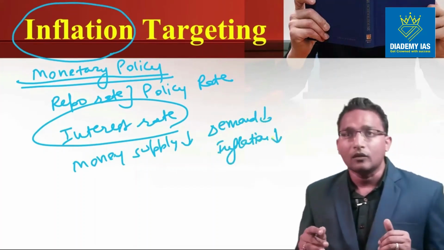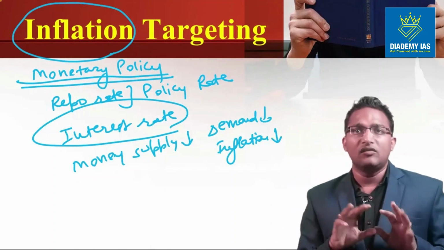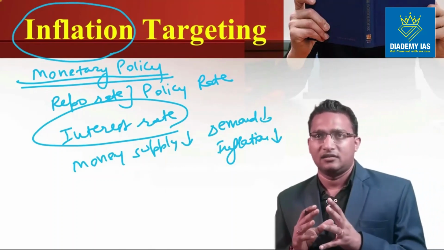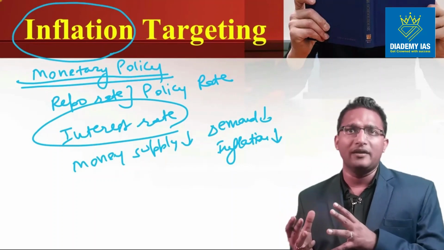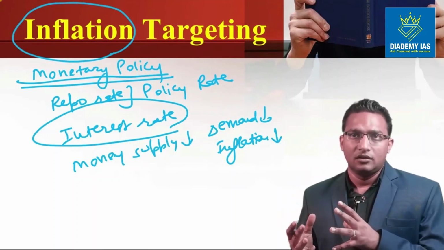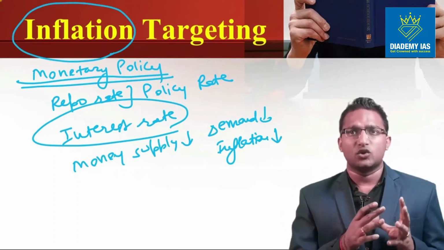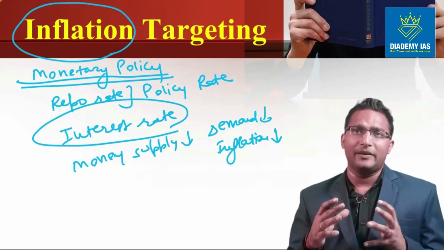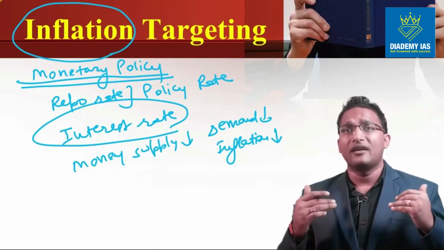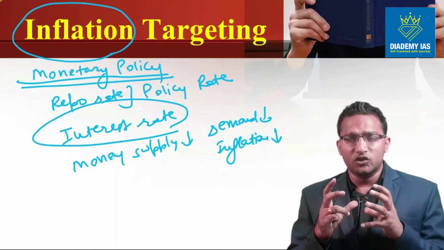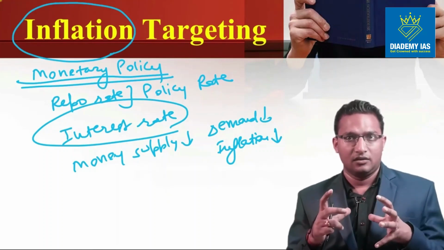Now, previously there was no target for how much the appropriate inflation should be. The Urjit Patel committee was constituted, and it came up with one recommendation: that in India we should have some target.